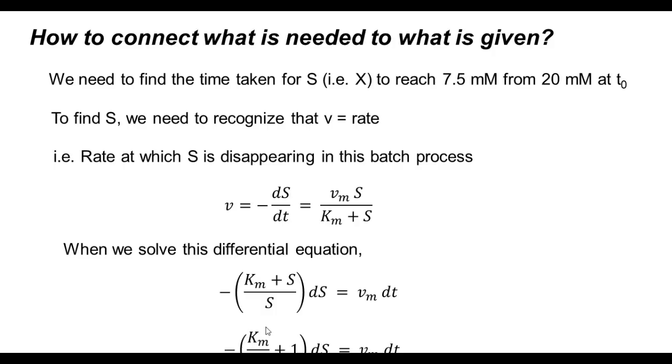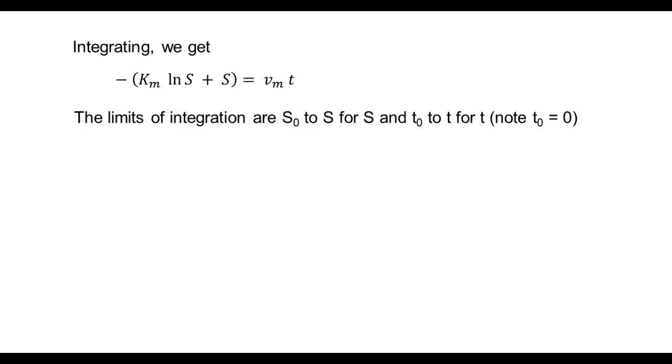Minus (Km by S plus 1) dS is Vm dt, and integrating we get minus Km ln S plus S is Vm t, and the limits of integration are S naught to S for S and t naught to t for t, and t naught happens to be 0.